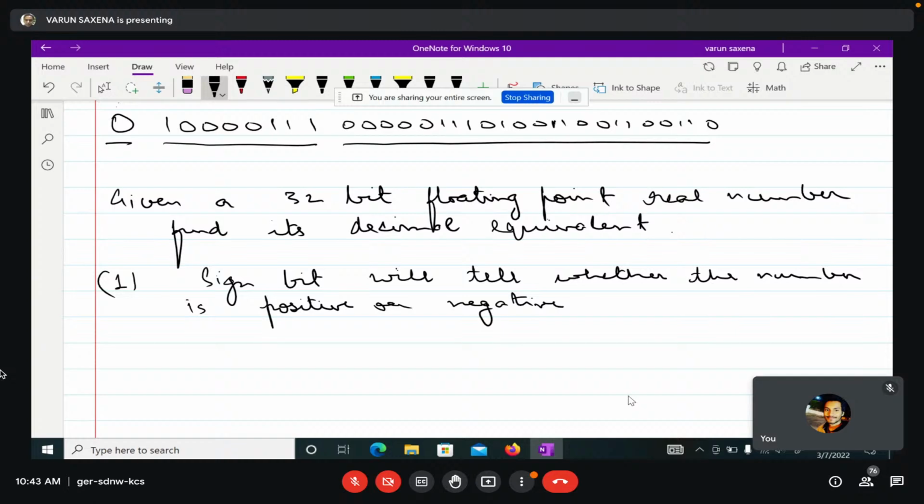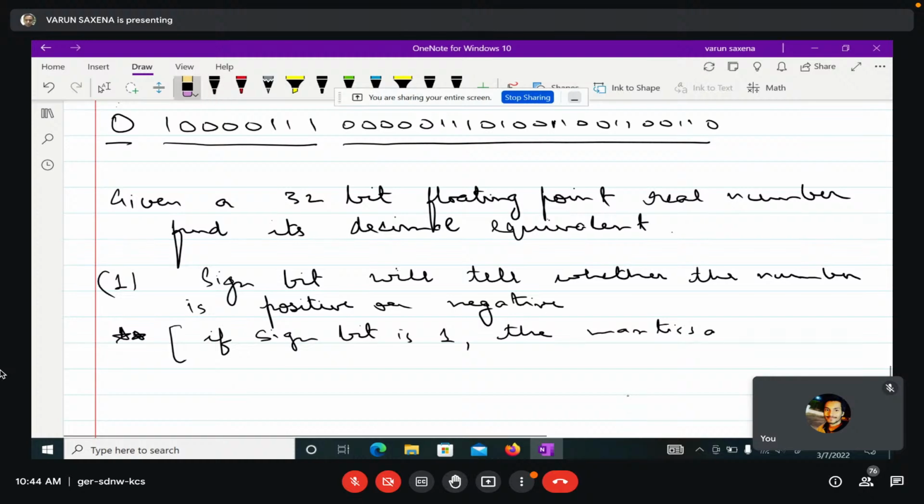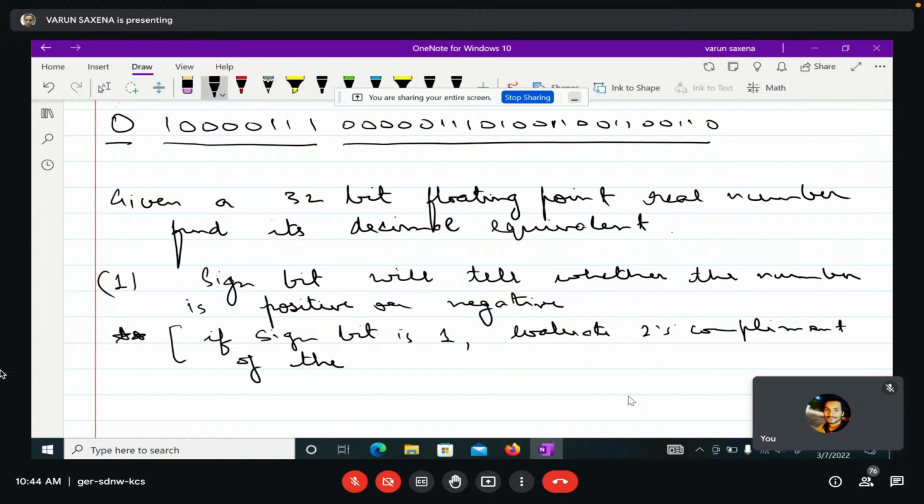I'll write here that this is an important point: if the sign bit is 1, evaluate the 2's complement of the last 23 bits to get the mantissa.